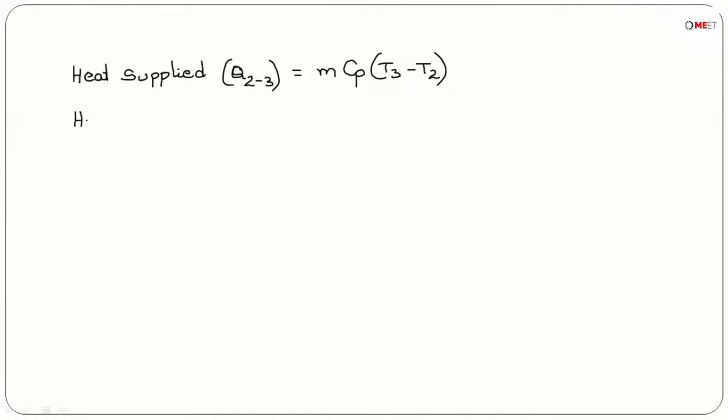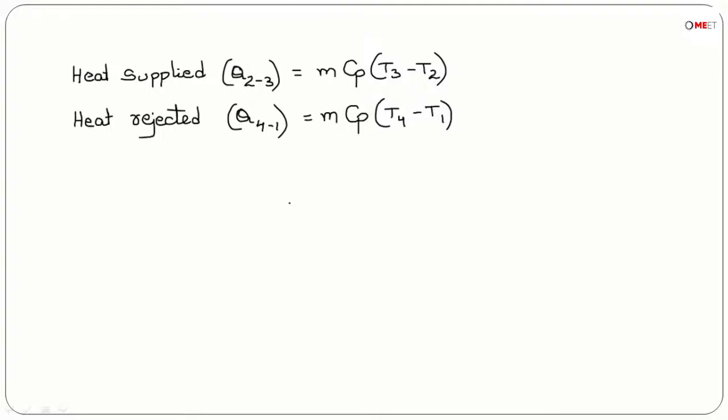Then heat rejection also takes place during a constant pressure process, that is during process 4 to 1. So here this is mCp (T4 minus T1). This is heat rejected.